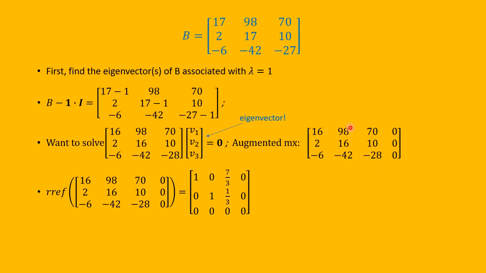Here's the coefficient matrix, augmented by a column of zeros, because we have 0, 0, 0 as a column on the right hand side. Get the reduced row echelon form of this matrix, and it turns out to be 1, 0, 7/3, 0; 0, 1, 1/3, 0; and then a row of all zeros.